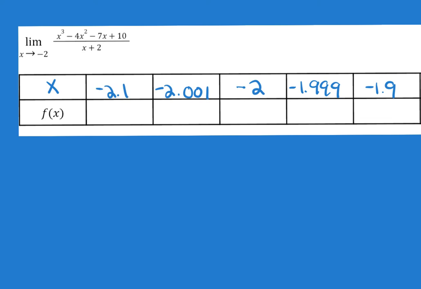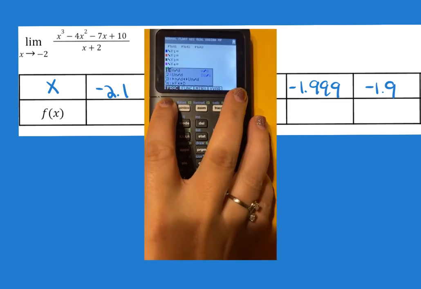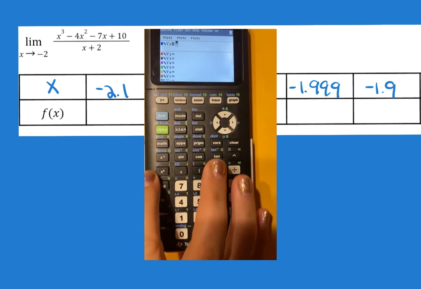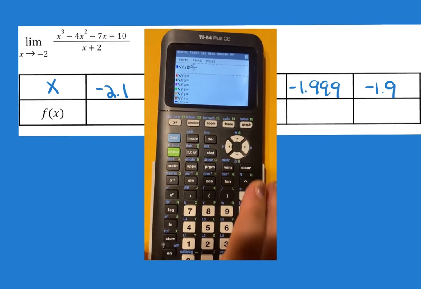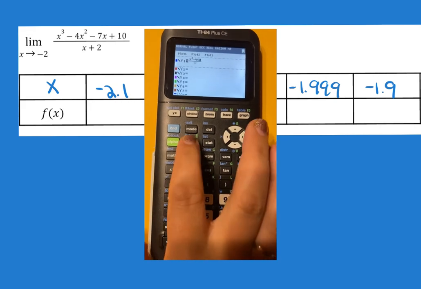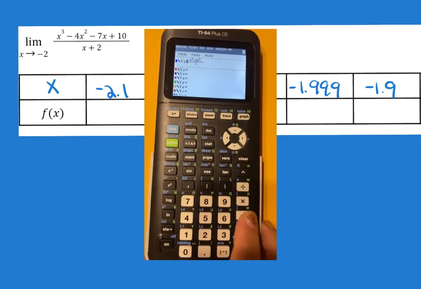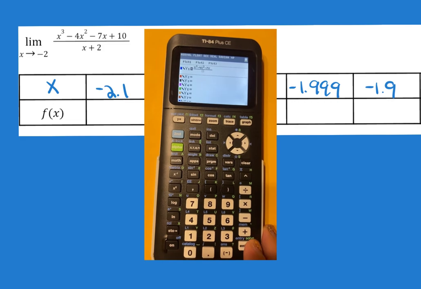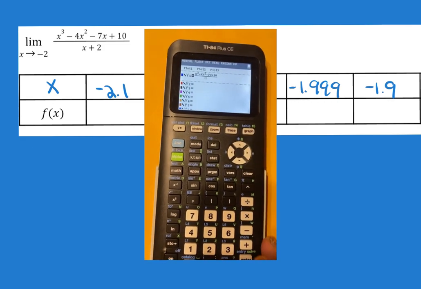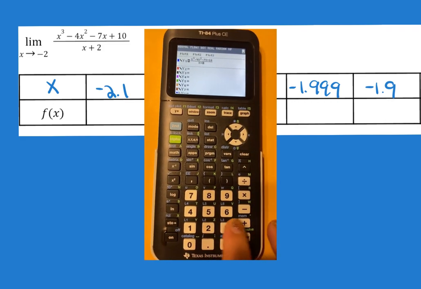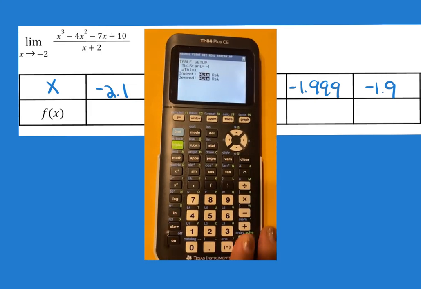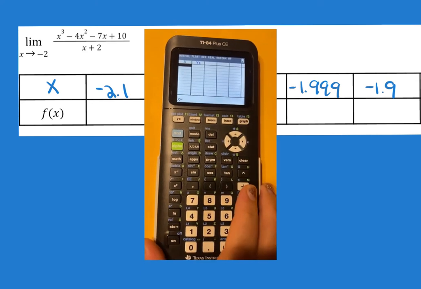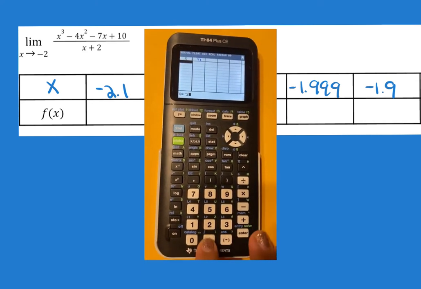All right, I'm gonna get my calculator out and you can see those buttons once more. So once again, in my y equals, get that function in there. X to the third minus 4x squared minus 7x plus 10 over x plus 2. Same thing, table setting. We want to go to ask in the independent one, then my table, and you just get to type them in.